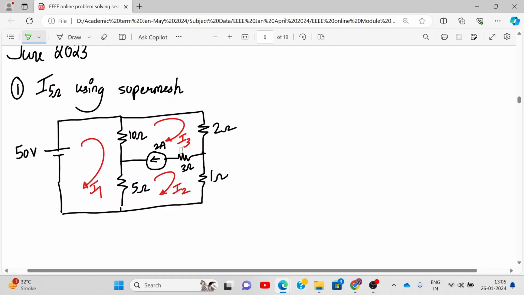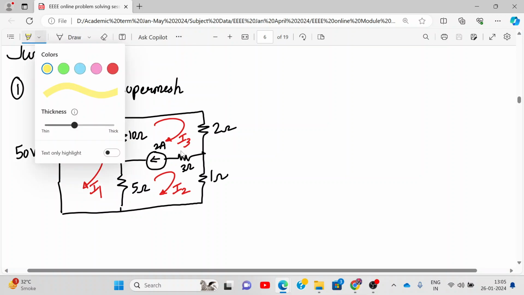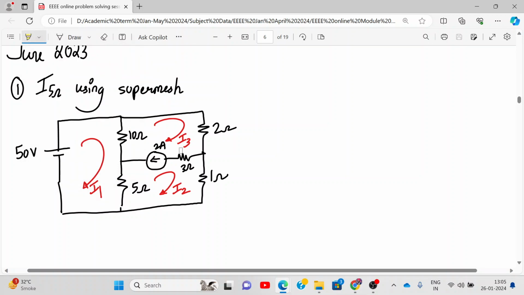Can we identify why it is a super mesh? Can you tell me? Because a 2 ampere current source is between loop 2 and 3. So you can write loop 2 and 3 form a super mesh. Does this resistance in series with the current source matter, or does it not matter?